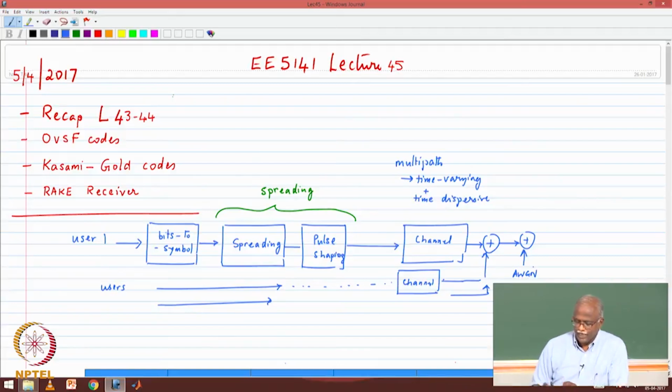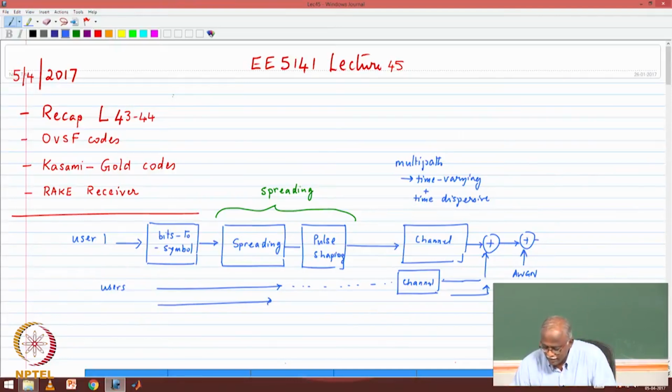So here is a system where there is a signal which has been spread, and many user signals which have also been spread, mixing together in the channel and potentially causing interference, with AWGN also present.